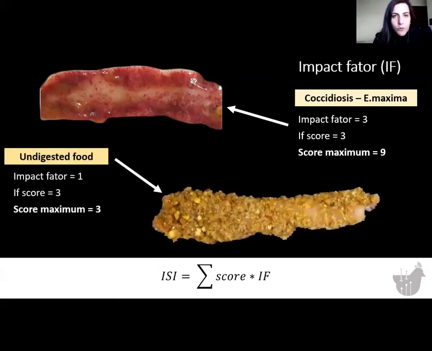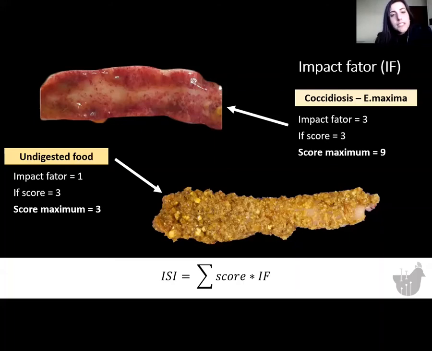Indigested food, on the other hand, is a mild lesion, so it receives impact factor 1, because not necessarily all that food I find in the intestine is as affected and inflammatory as the inflammation caused by coccidiosis.